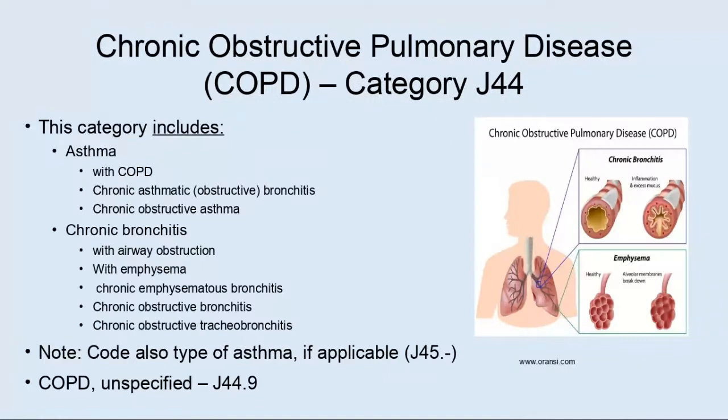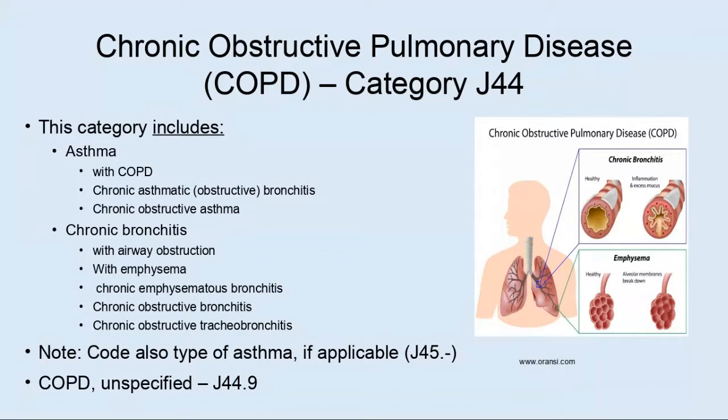So COPD category J44. This includes asthma with COPD, chronic asthmatic obstructive bronchitis, chronic obstructive asthma. It also includes chronic bronchitis with airway obstruction, with emphysema, with chronic emphysematous bronchitis, chronic obstructive bronchitis, and chronic obstructive tracheobronchitis.